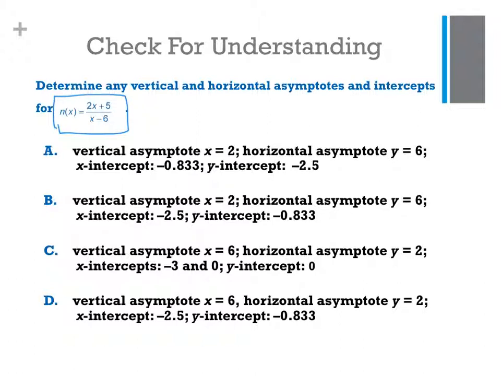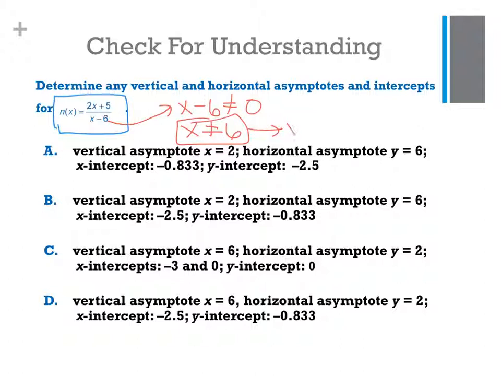Okay, just to go through the answer here. The denominator is equal to 0 when x is 6, so therefore x cannot equal 6. That gives us a vertical asymptote at 6 as well.